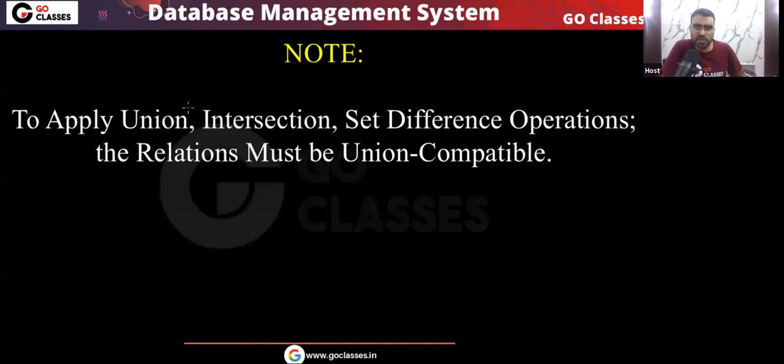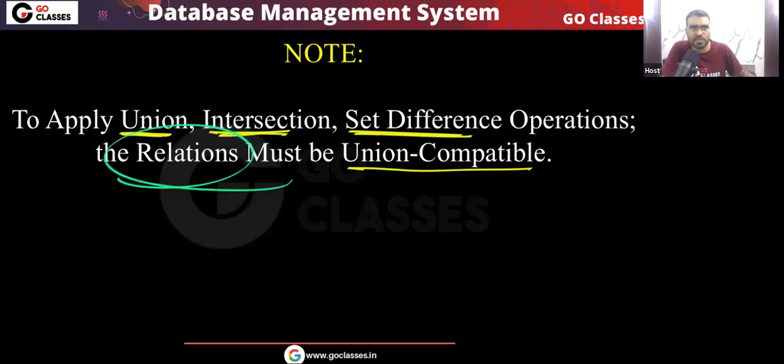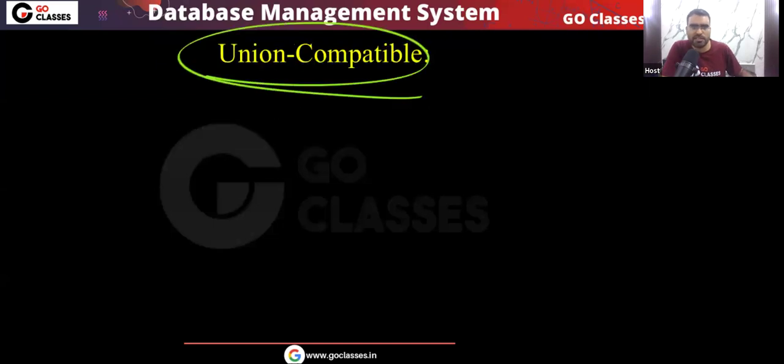Now let me tell you one thing: if you want to apply union, intersection, and set difference, then the relations must be union compatible. Now, what is union compatible? Let's see.